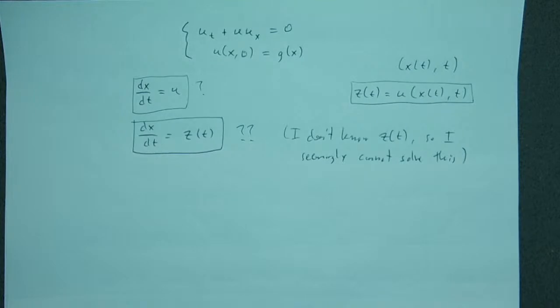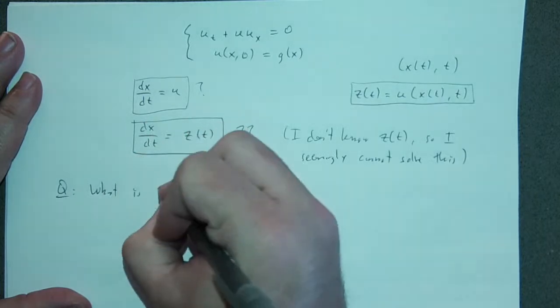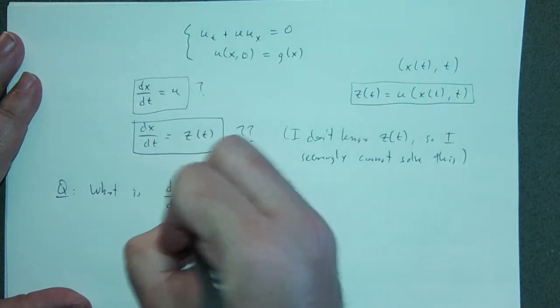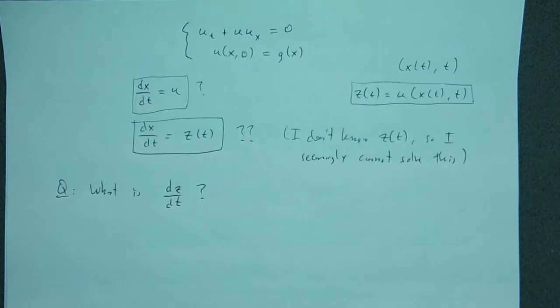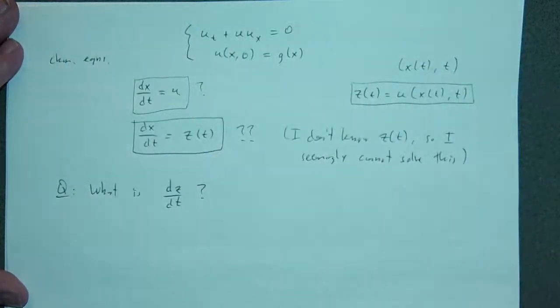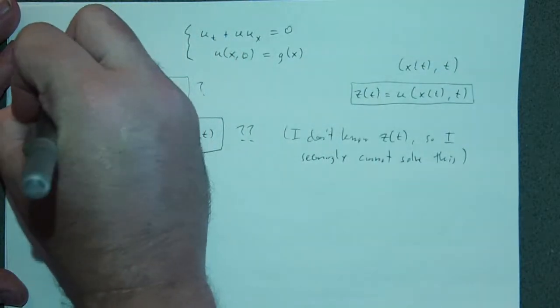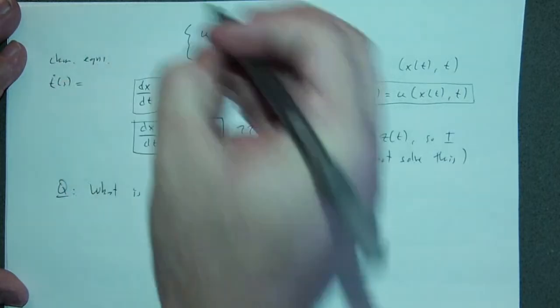So here's the first thing. The question is, what is dz/dt? Why am I asking? Because let's try to write my characteristic equations here, kind of naively. The first one is the one for t, so t dot of s is equal to 1.